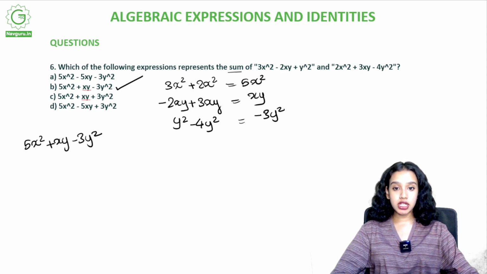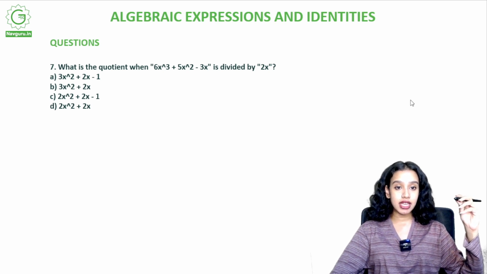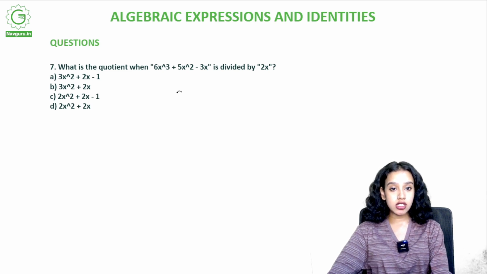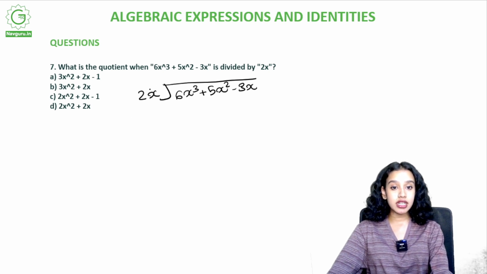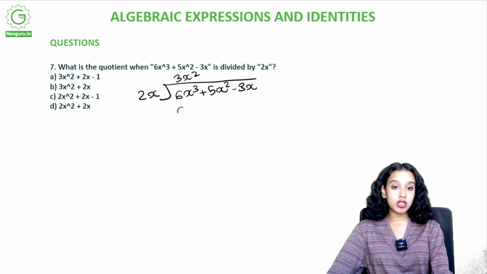Now let's move on to the next question. What is the quotient when 6x cube plus 5x square minus 3x is divided by 2x? So let's do the long division. We have 6x cube plus 5x square minus 3x divided by 2x. So x cube divided by x gives x square, and x square into 2x would be 2x cube. Now what is 3x square into 2x? 3 into 2 is 6 and x square into x gives us x cube.